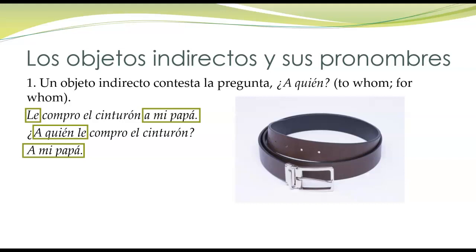So here we see that we can use, and I'll explain a little bit more in detail in a moment, we can use both the pronoun and the indirect object in the same sentence, where typically we found out we don't do that with direct objects and their pronouns. So, I'm buying the belt for my dad. Who are you buying the belt for? For my dad. So for my dad is the indirect object pronoun.